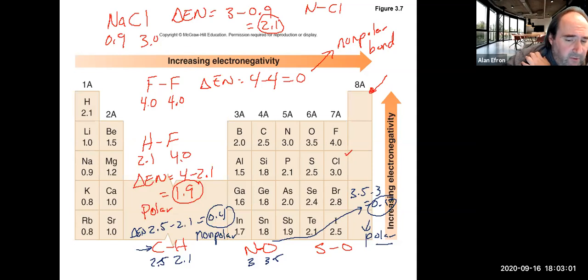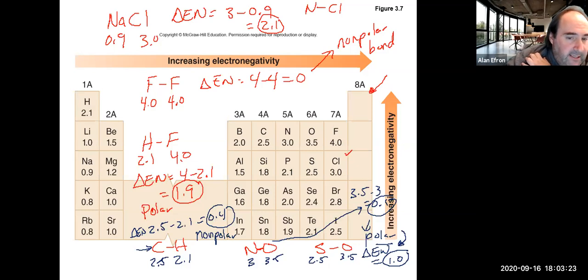If we look at sulfur, which is 2.5, and we look at oxygen, which is 3.5, the difference there would be a difference of 1. When you take 3.5 minus 2.5, that definitely is above 0.5, but below 2. So this guy as well would be a polar bond.